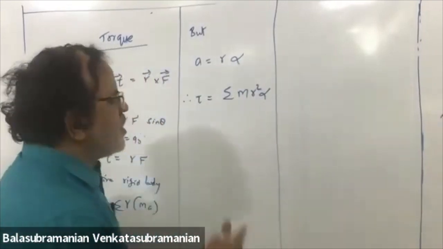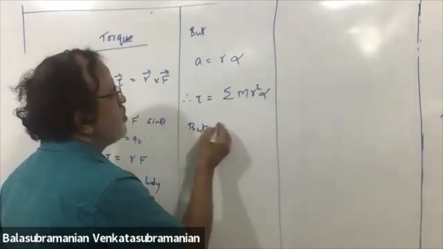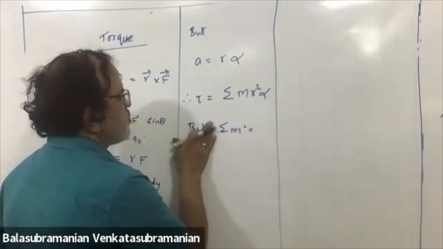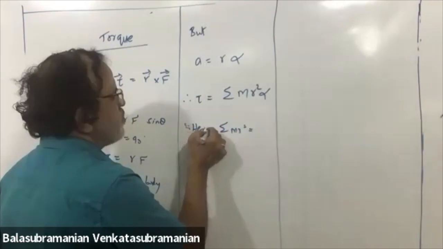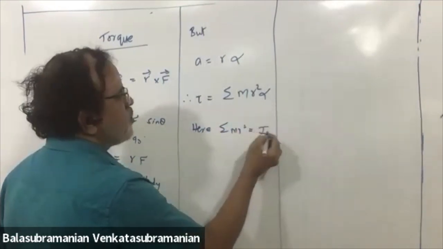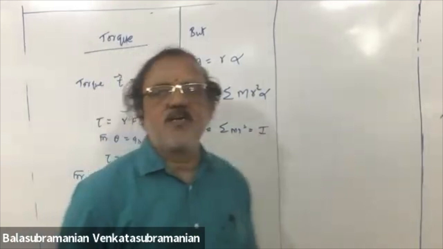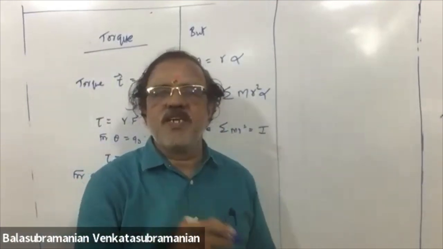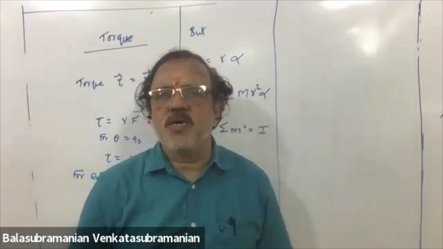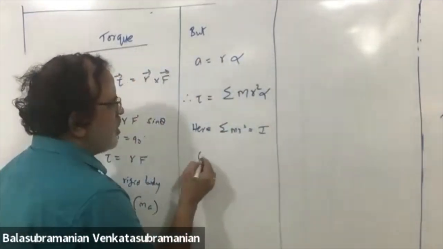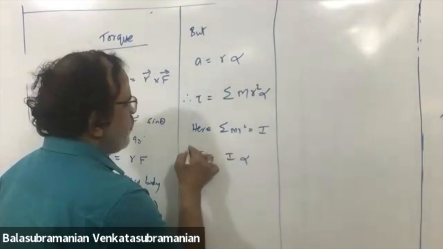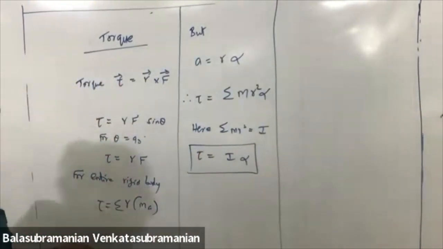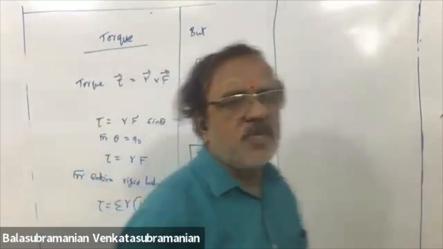Already we have learned sigma m r square is equal to the moment of inertia. Mass into distance square is the moment of inertia of that particular rigid body. So I can write tau is equal to I alpha, which is similar to the equation F is equal to m a in normal linear motion.